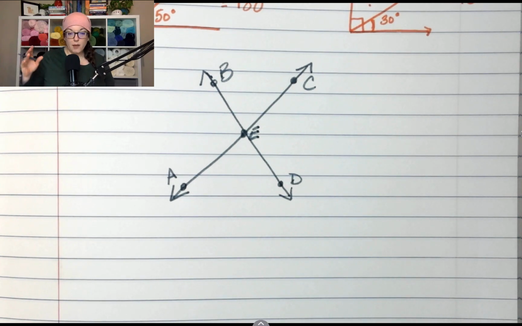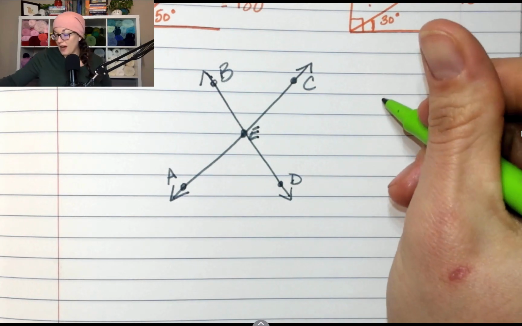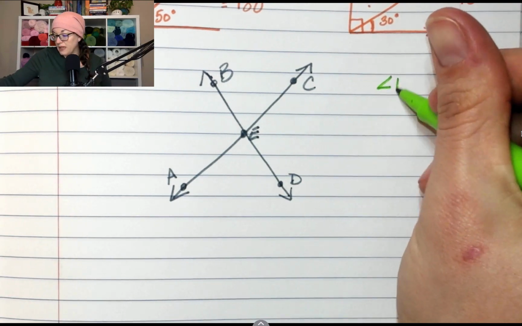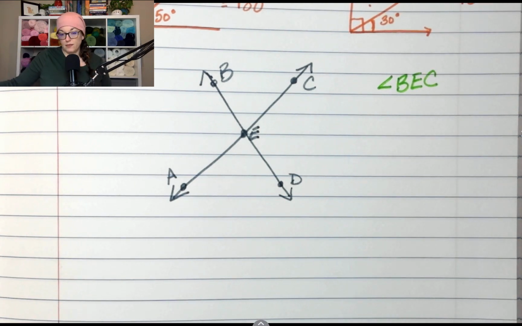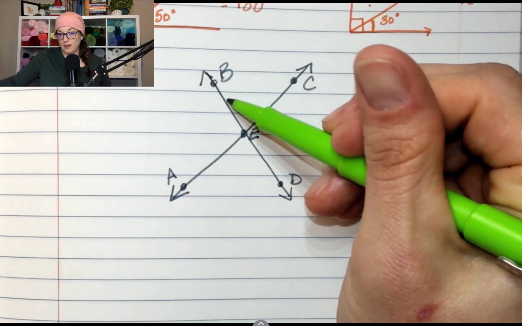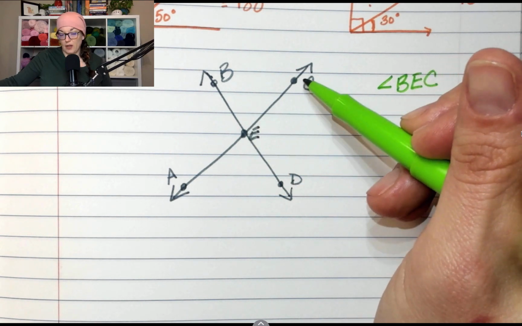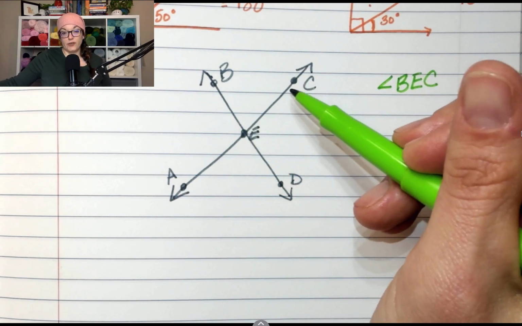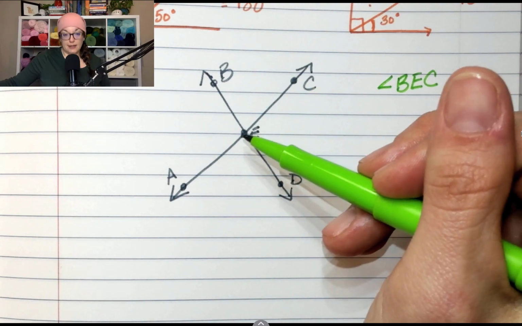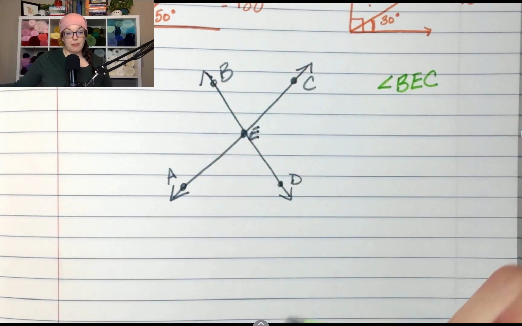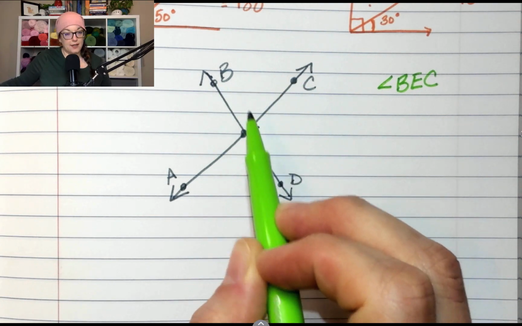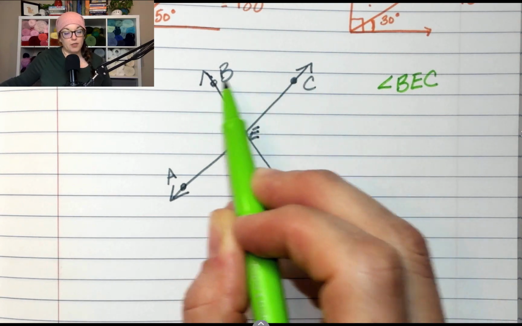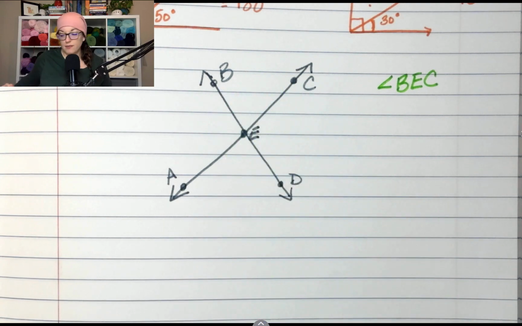Now, when I talk about angles, I follow the line. So if I wanted to talk about angle BEC, I would start at B, follow it to E, and then go to C. I can also name this angle CEB, but I cannot call it BCE because there is no line between B and C.